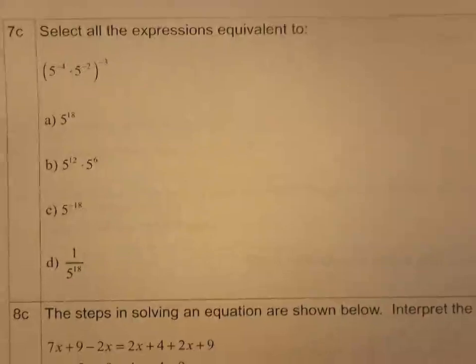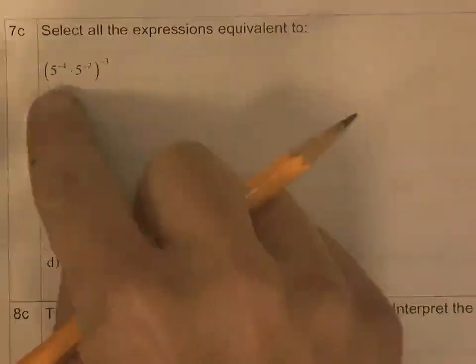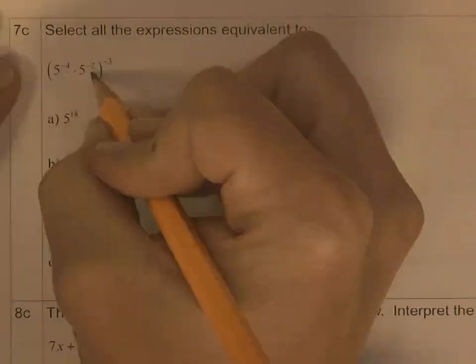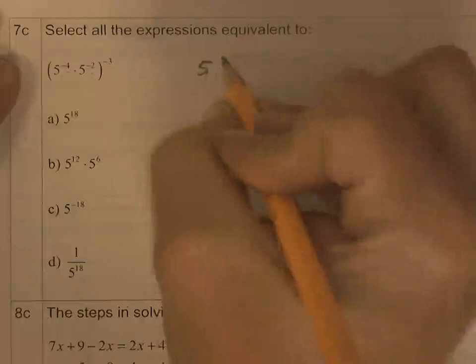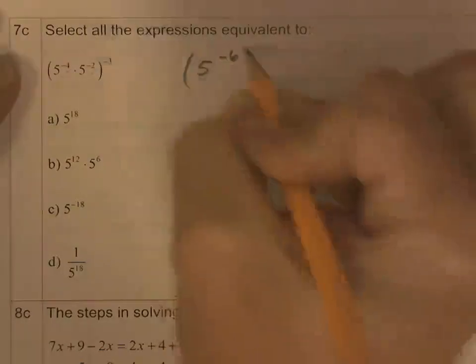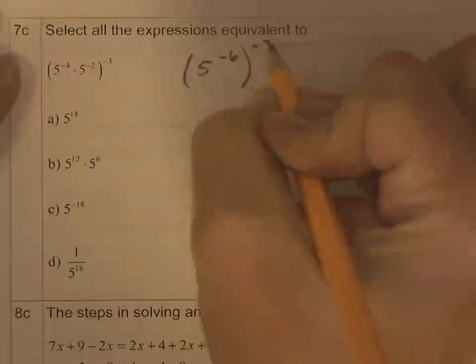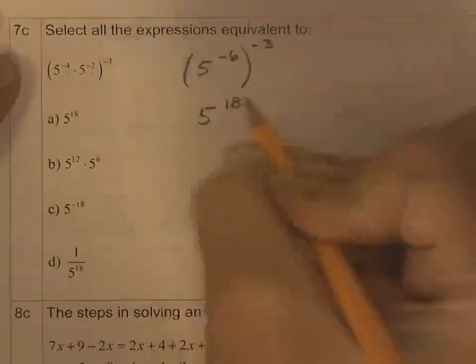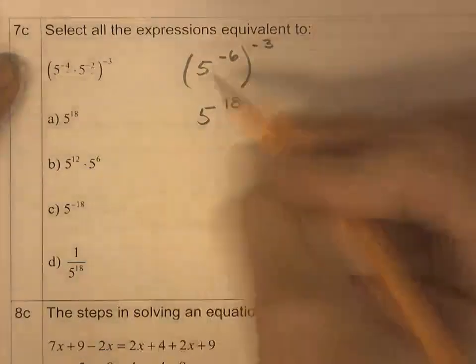Select all the expressions that are equivalent to this one. Well, I'm going to start by just simplifying it. So this is 5 to the negative 4, 5 to the negative 2. That's 5 to the negative 6 times negative 3. That's going to become 5 to the 18th. Power, multiply.